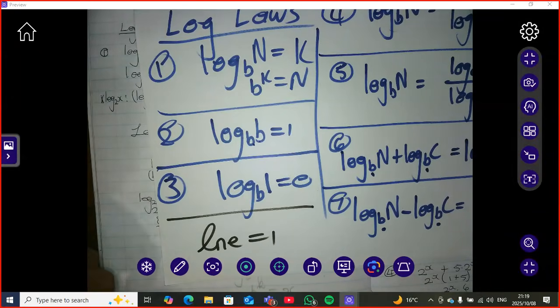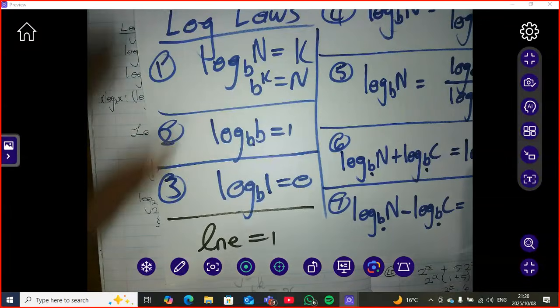Oh, that is ln. Ln is like log, brother. They work exactly the same. They get applied the same. But yeah, let us see what we can do with the calculations.